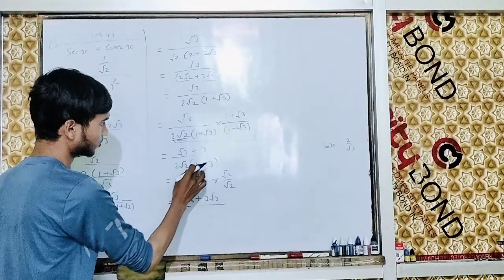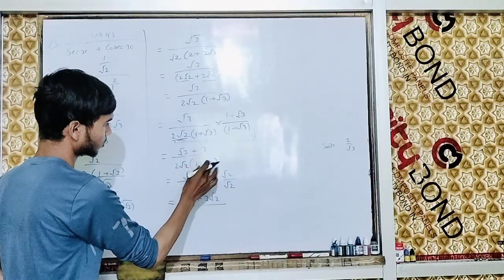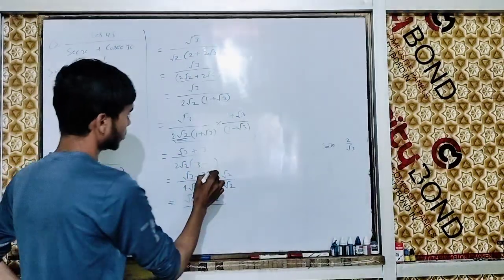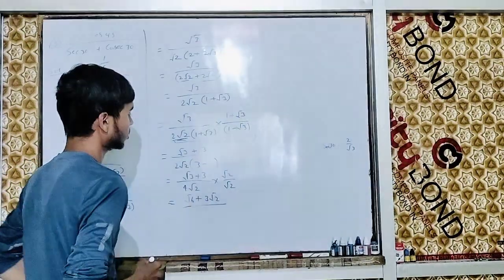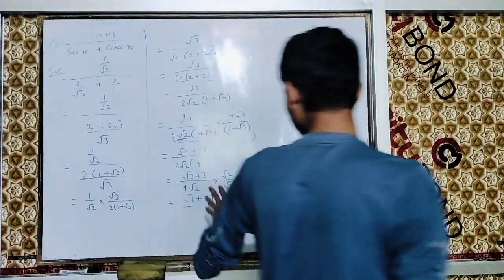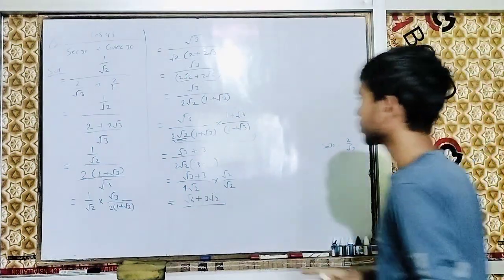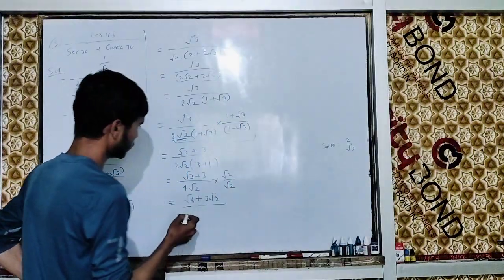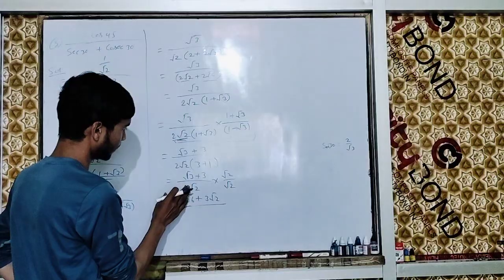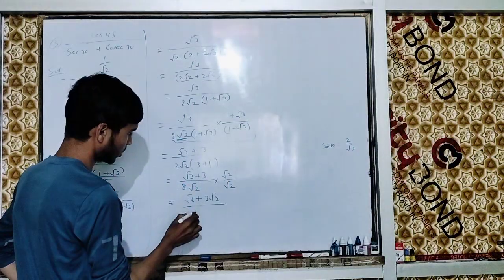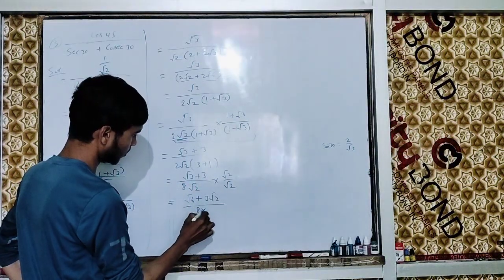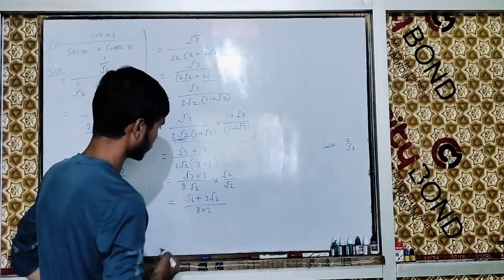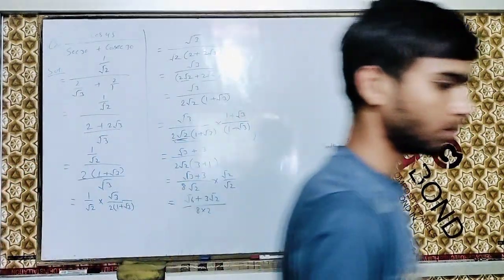Then this will become 3 minus 1, 4. 4 2s are 8. Then here 8 multiplied by 2, it is becoming 16. This is wrong. What is happening?